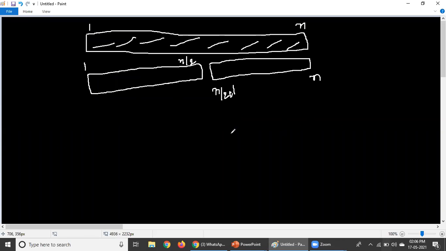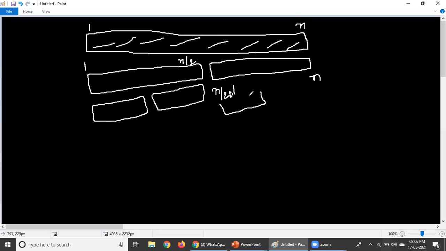And if this problem is not yet small, then again do the same kind of operation on these two subproblems. Each is again half of the previous subproblem. Likewise, you will continue for several times.